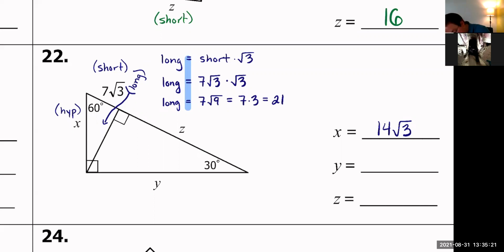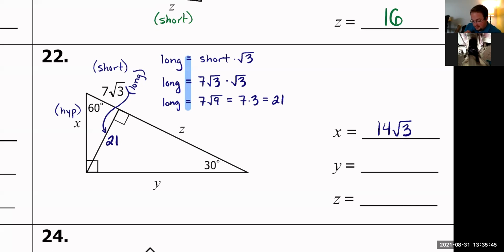Actually, I'm going to put it on the other side because we may need it on this other 30, 60, 90. There we go. There's that one.